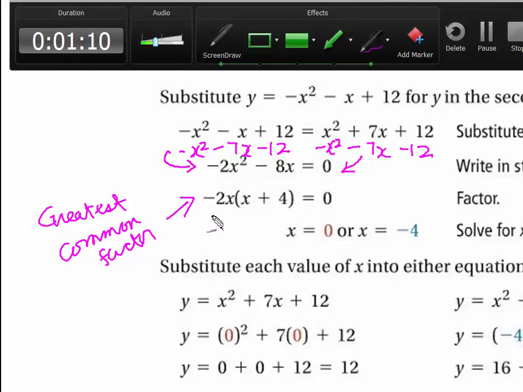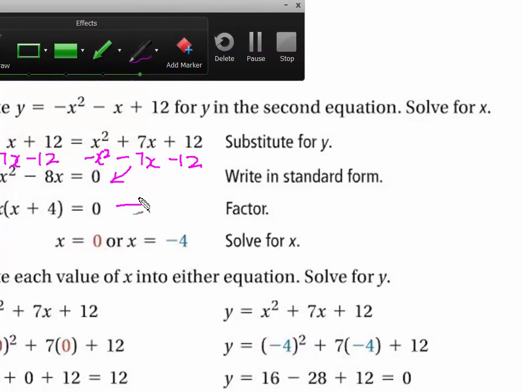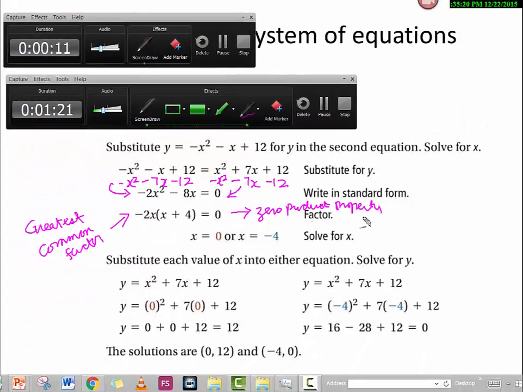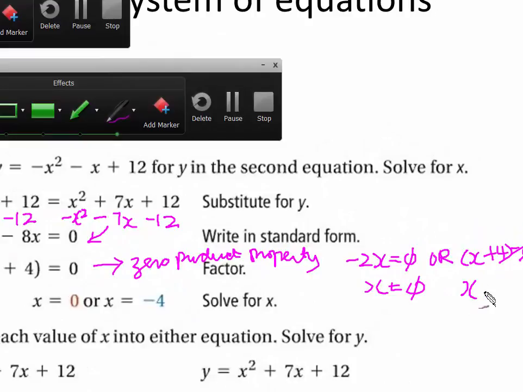By doing that, we change this into factor form, and then we make use of the zero product property, and then we can set up negative 2x equal to 0 or x plus 4 equal to 0. If we solve it, x is going to be equal to 0 or x equal to negative 4, which we have here.